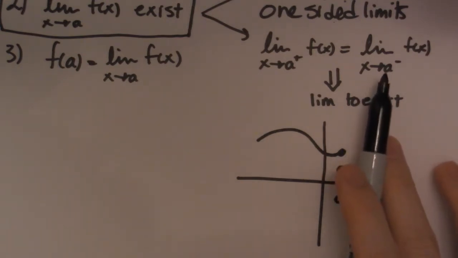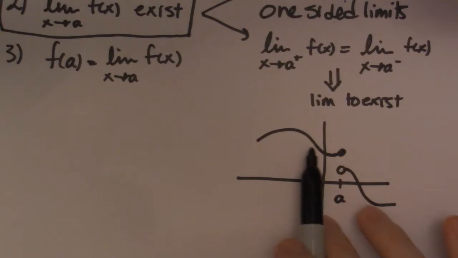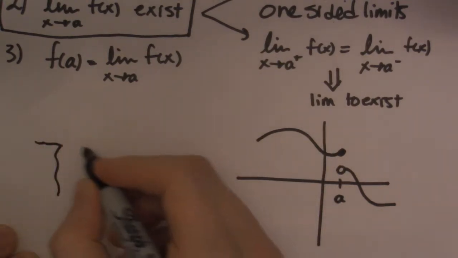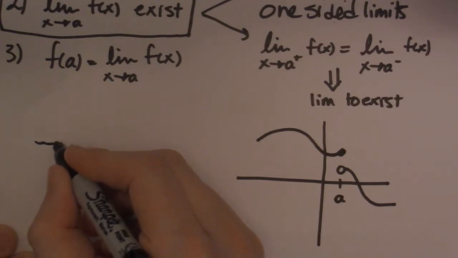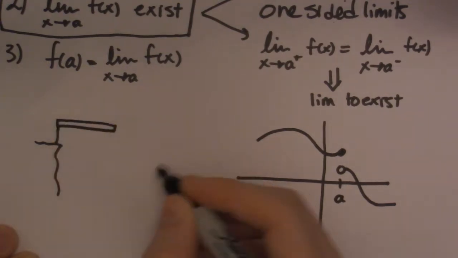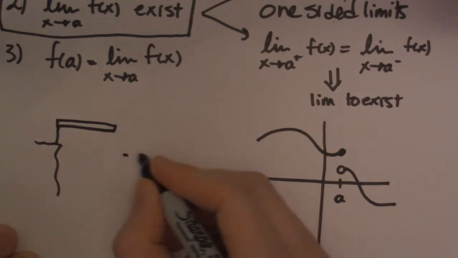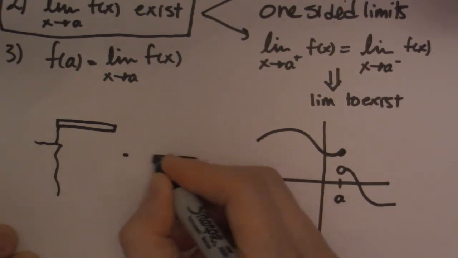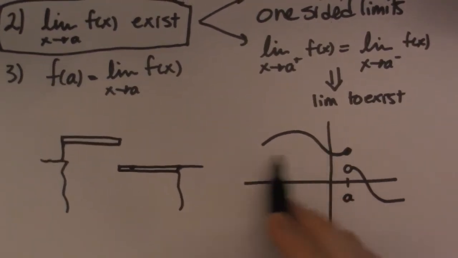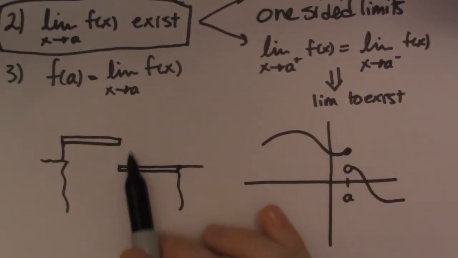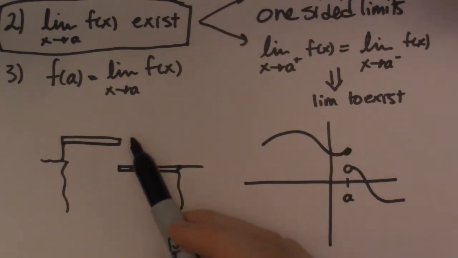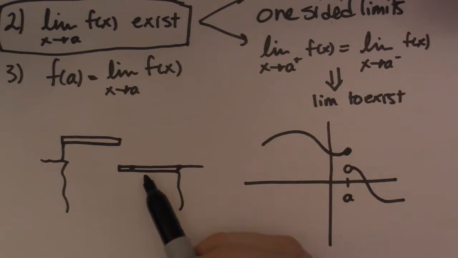Somebody starts building a bridge on one side of a bank, here's my bank, and they build it at a certain height. Then you've got a person on the other side building the bridge at a different height. That bridge is never going to meet. That basically is the essence of the definition of continuity: a bridge that never meets.